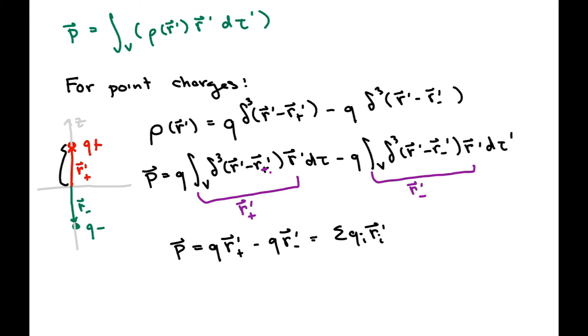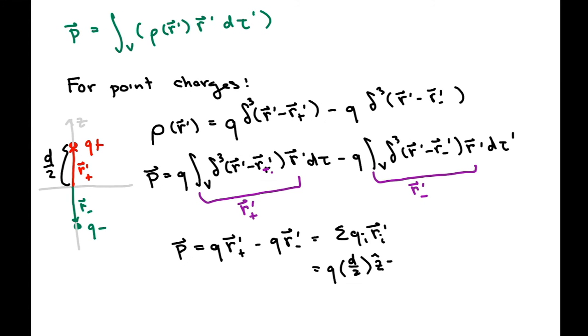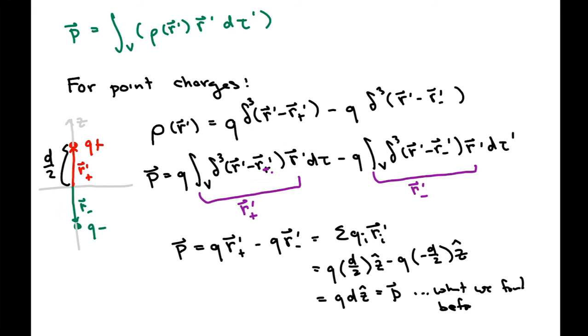In this case, if I assume this is d over 2, I would get q times the magnitude, which is d over 2, times the direction, which is z hat, for the positive charge, minus q times negative d over 2 times that z hat, because this position vector is pointing in the negative z hat direction. When I add those together, I get q d z hat, which is equal to our dipole moment, which is what we found before. Good. Okay, we're not crazy.